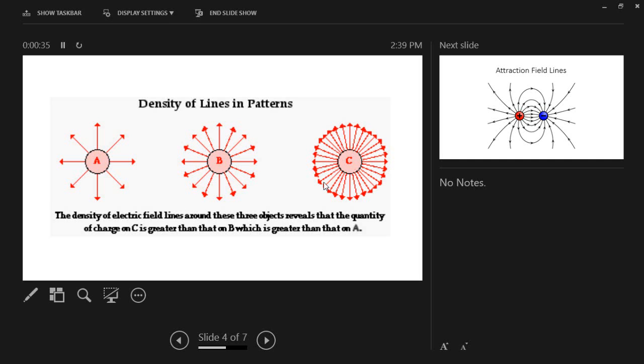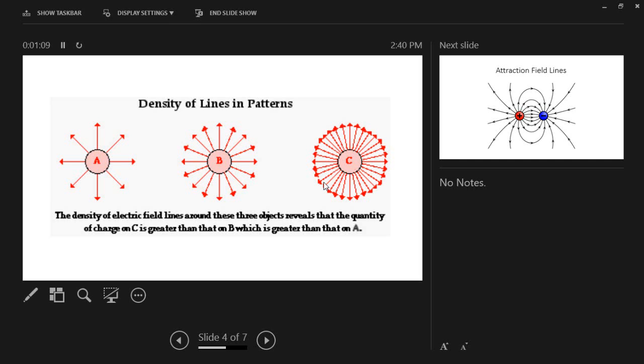The difference between these lines is C is the strongest. We're still explaining what these lines mean. What do these lines tell us? They tell us the direction the force is going to be, and they tell us how much force is going to be there. The more lines you have, the closer together, the stronger the force.